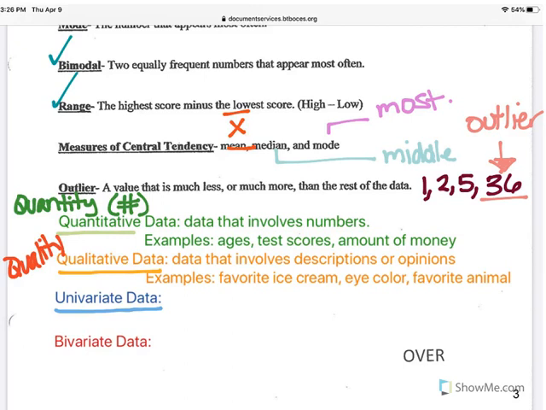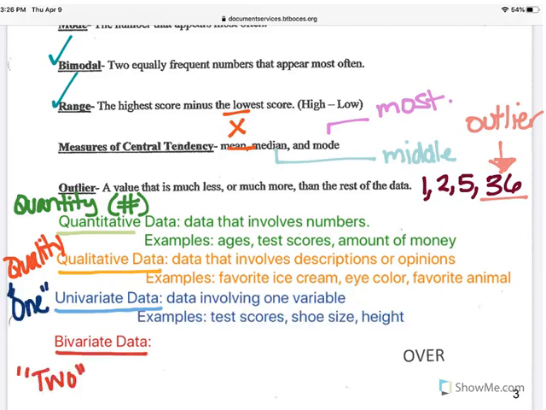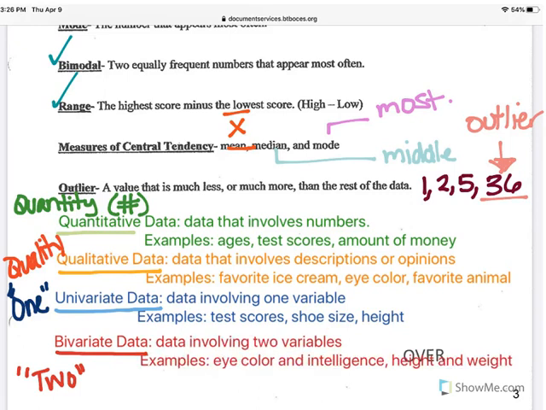As opposed to bivariate, where you're talking about comparing two different things, like eye color and intelligence, pet size and family size, height and shoe size, things like that. One way to remember bivariate is the prefix bi, like bicycle. On a bicycle, there are 2 wheels, things like that. So whatever helps you remember, you'll be better off.